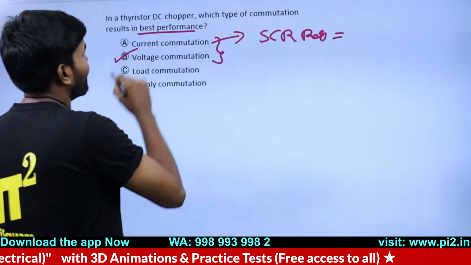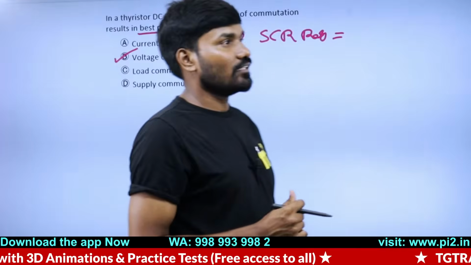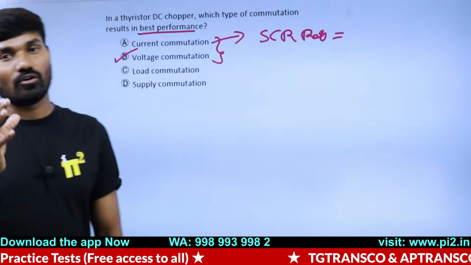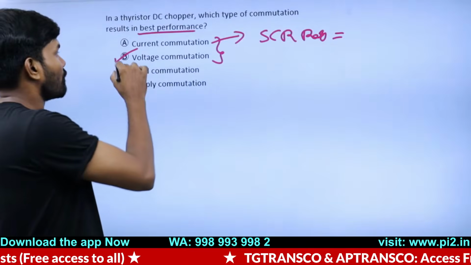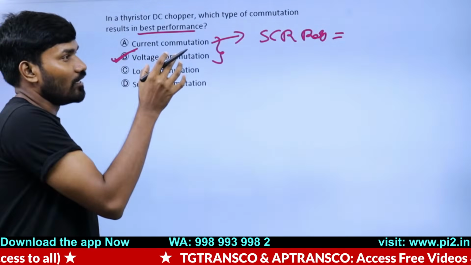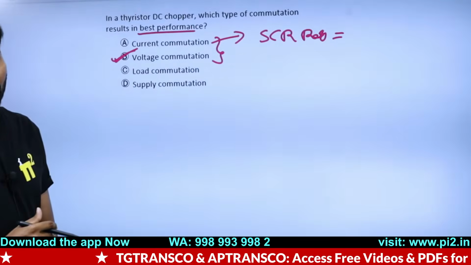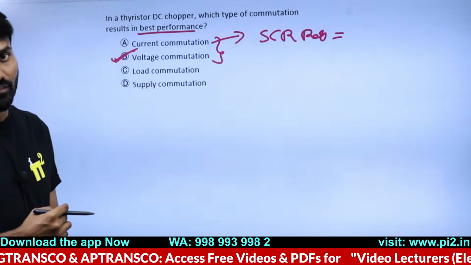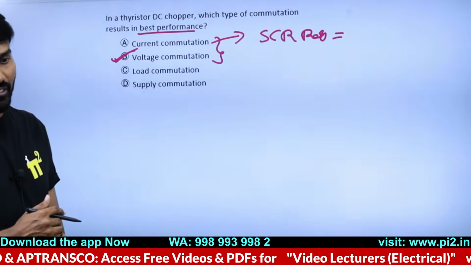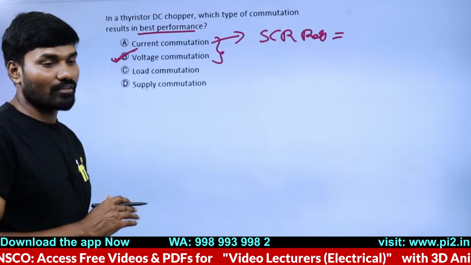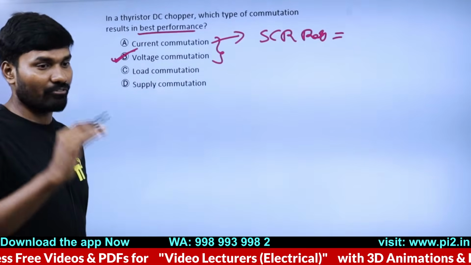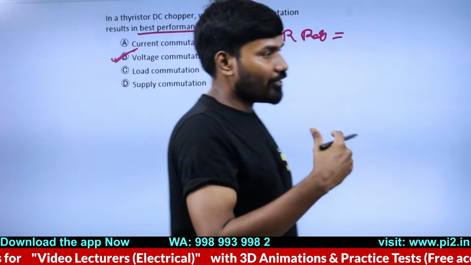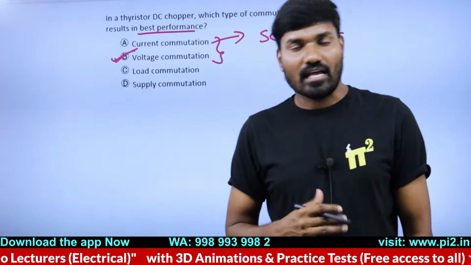Yet, this will give the best performance because it will give an impulsive voltage across our SCR. Suddenly it will give voltage across the SCR, so it will turn off. So this will give you the best performance according to me, especially where load fluctuations and power interruptions are very high.